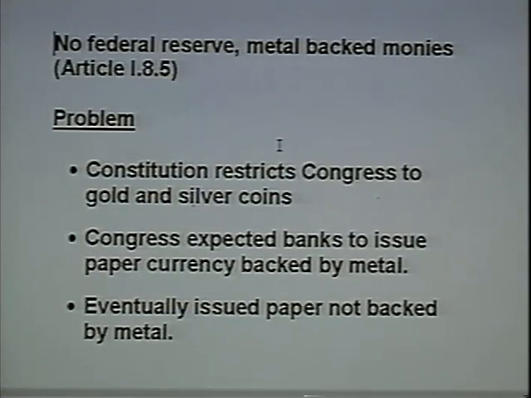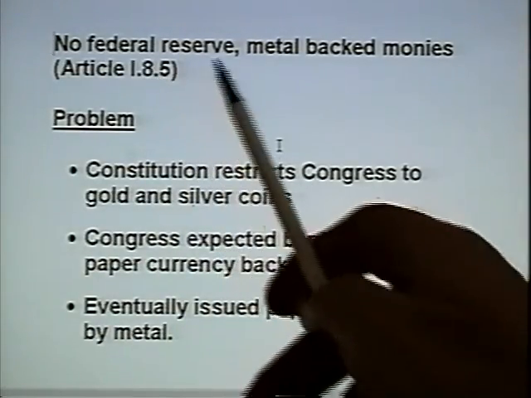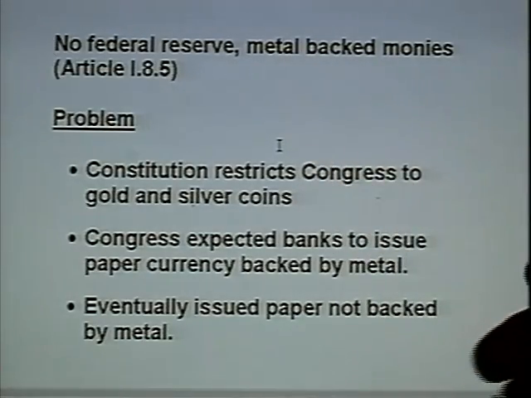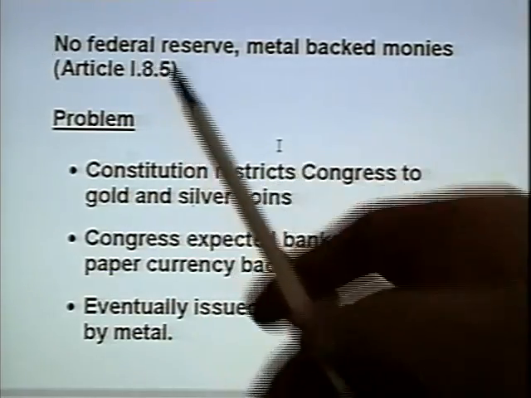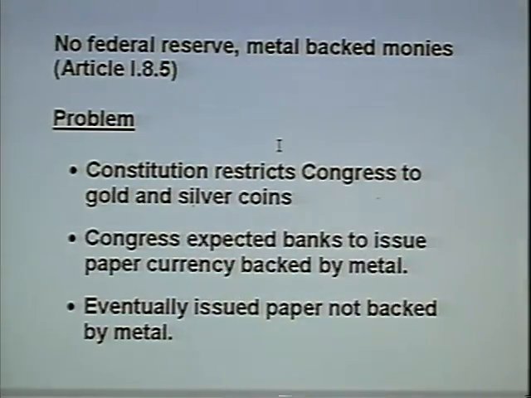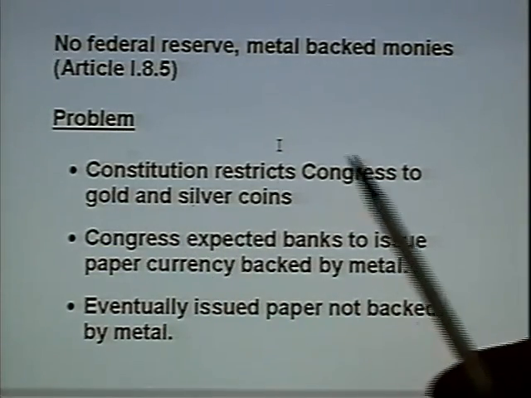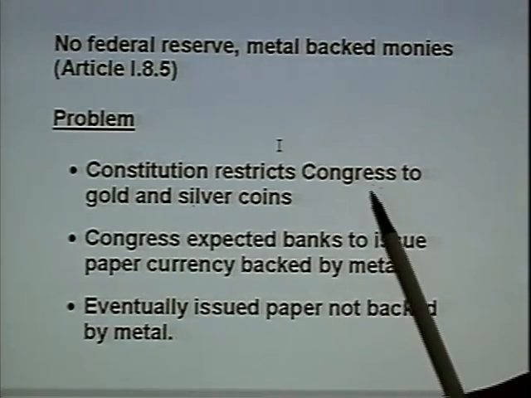There has been no aspect of the Constitution distorted or manipulated more than that related to monies. And I'm talking about Article 1, Section 8, Clause 5, which talks about the need to have metal-backed monies. There's absolutely no reference at all in the Constitution to the Federal Reserve. The Constitution restricts Congress to gold and silver coins.